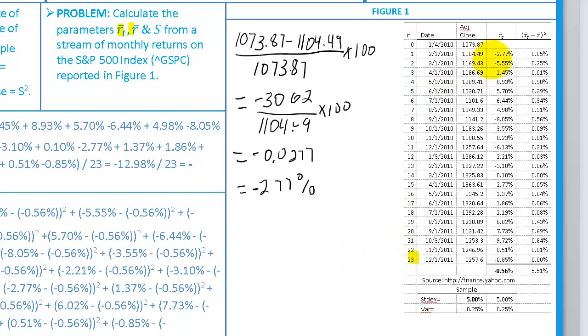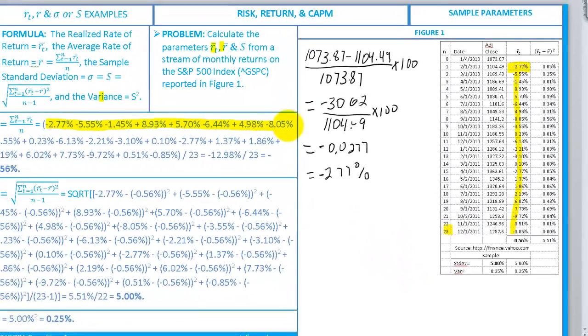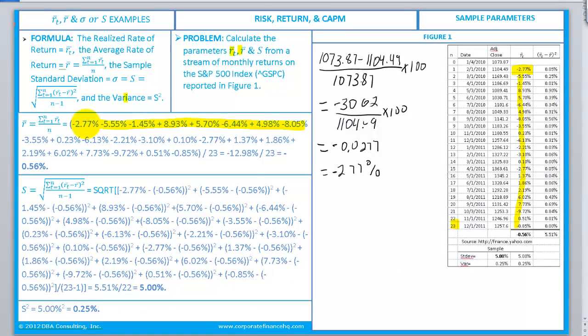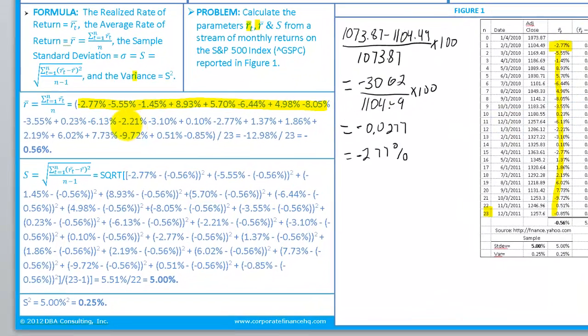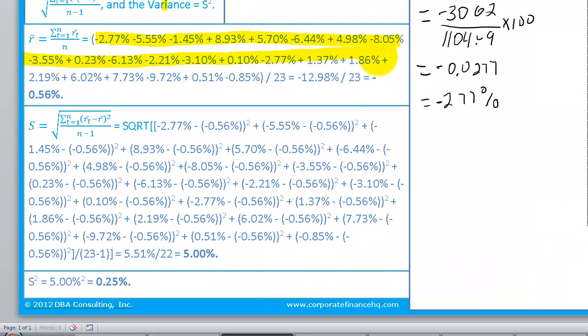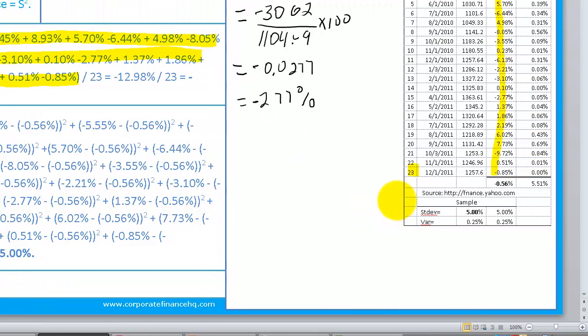So we'll take these numbers in this column and do nothing more than sum them across each row as I have identified here. So you see the negative 2.77, negative 6.44, etc. We'll go all the way across, and then we'll divide by n, and our n is 23.